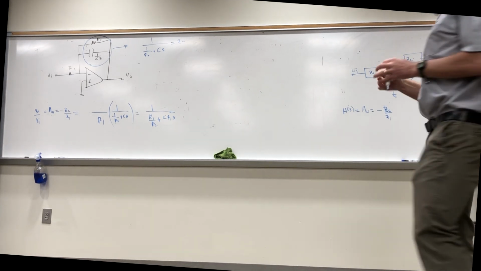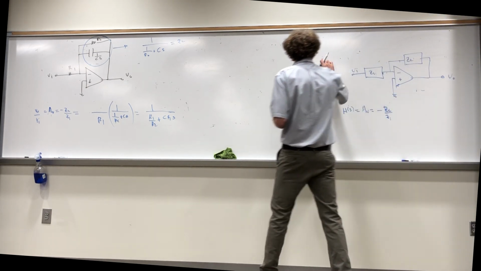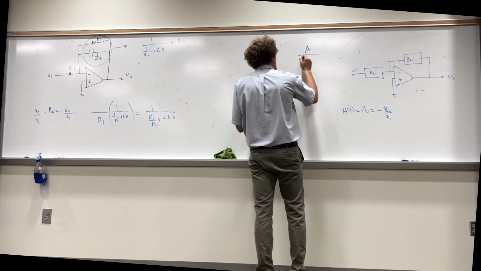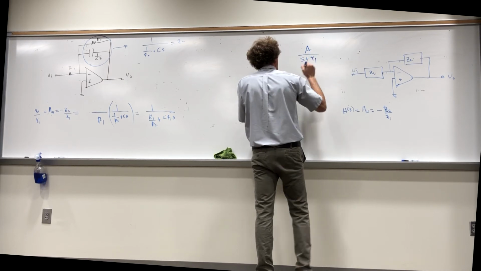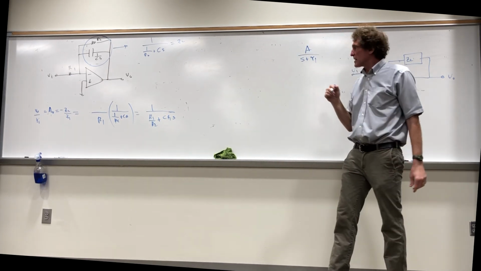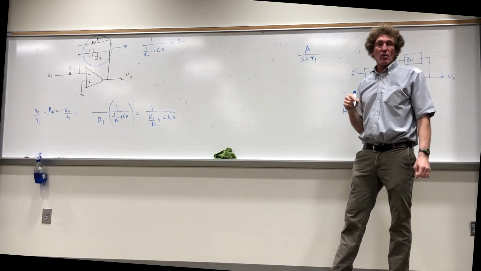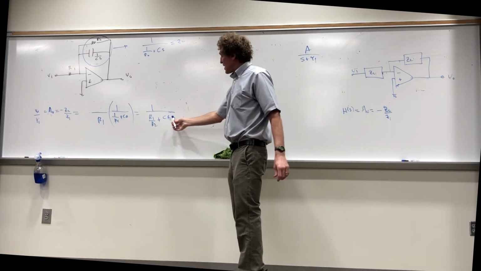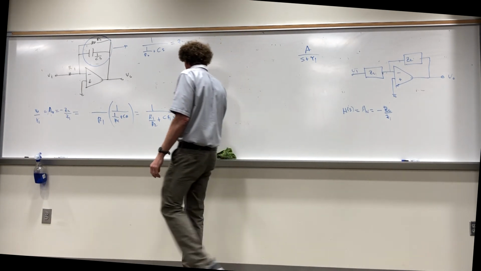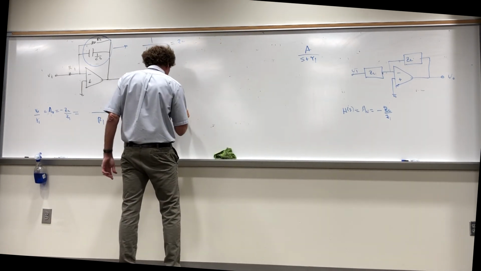Now remember, for simple poles, you're always going to have something where you have A over S plus, say, tau 1 here. The A is just an amplification factor. The tau 1 is the first pole, isn't it, class? Now here, if I factor out, divide top and bottom by CR1, then in fact I get this.